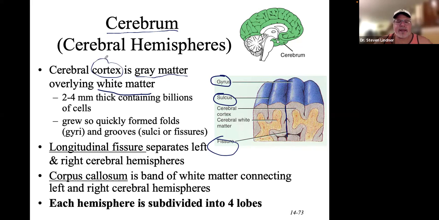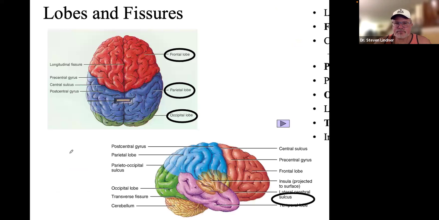I'll show you on the next slide a structure called the longitudinal fissure. That's an important fissure that separates the two hemispheres of the cerebrum, the right and left cerebral hemispheres. And in a previous video, I had shown you the corpus callosum, which is a band of white matter that connects the left and the right cerebral hemisphere together.